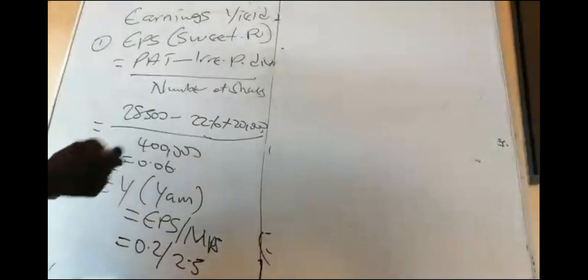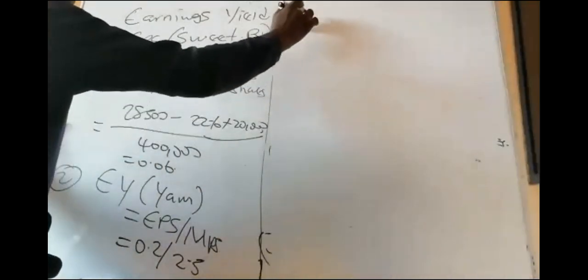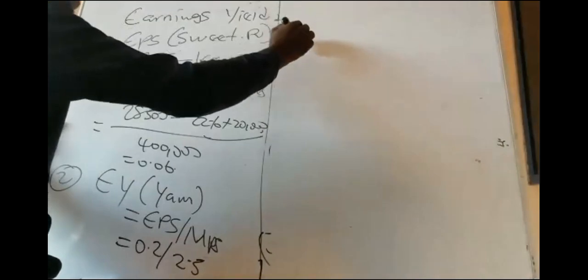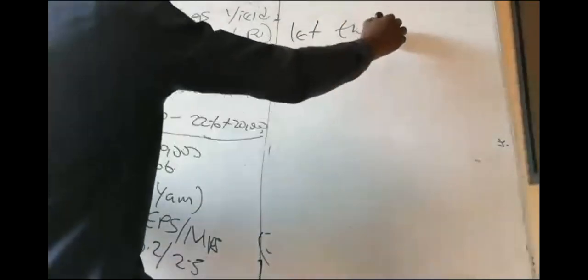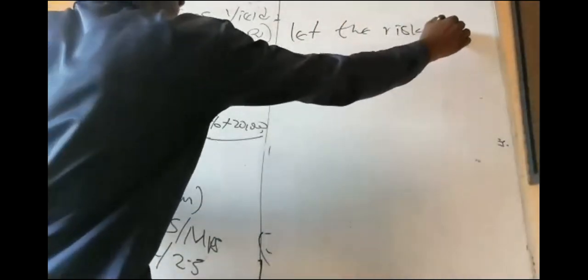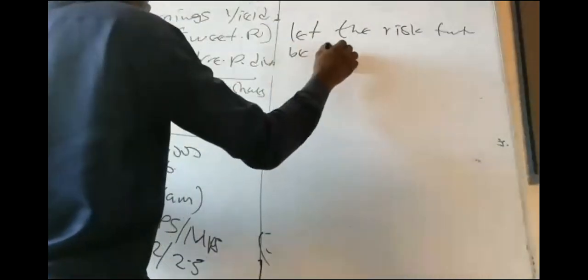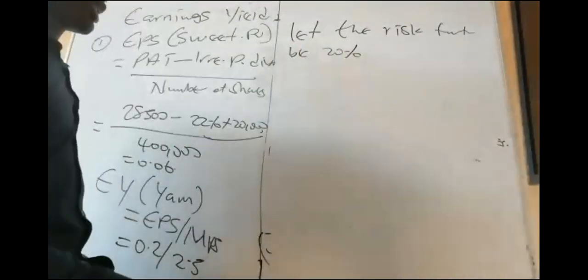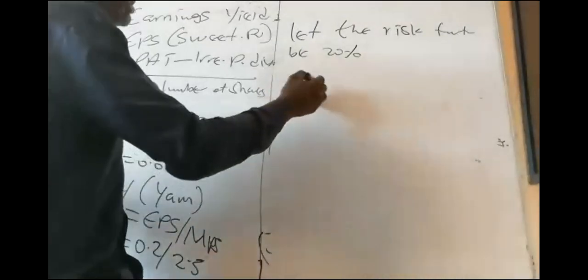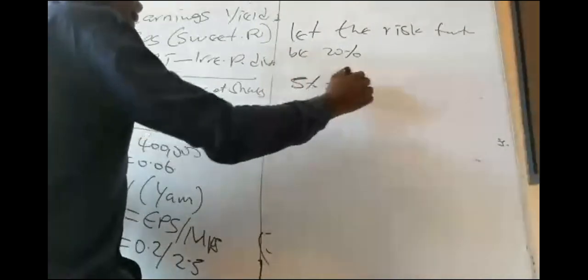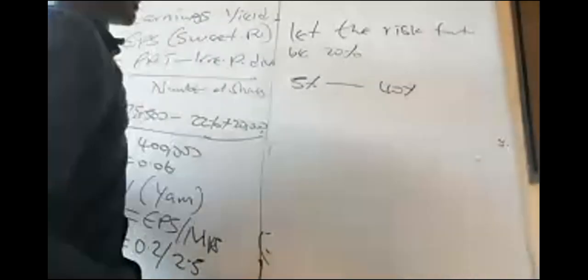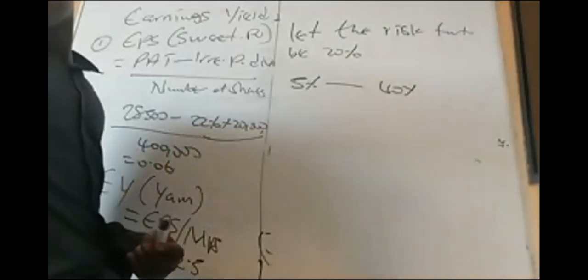So the risk factor will be, let's say, 20%. Any percentage, maybe from 5% up to 40%. You can select any. And here we scale up.